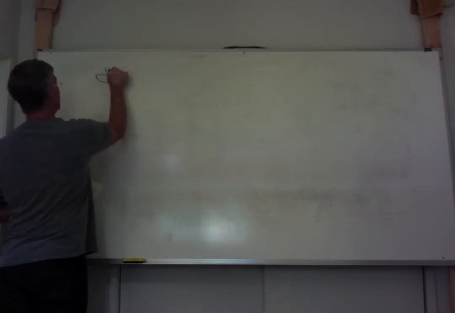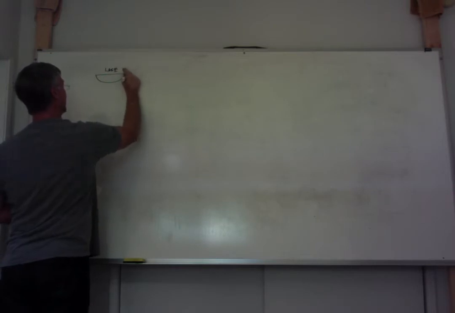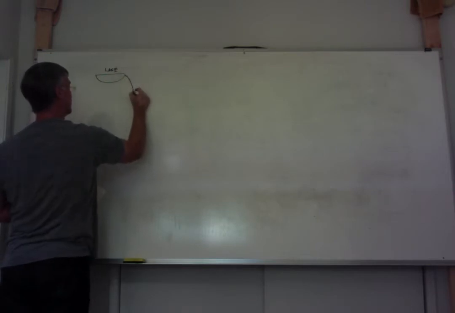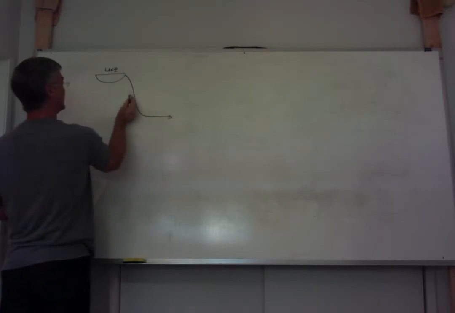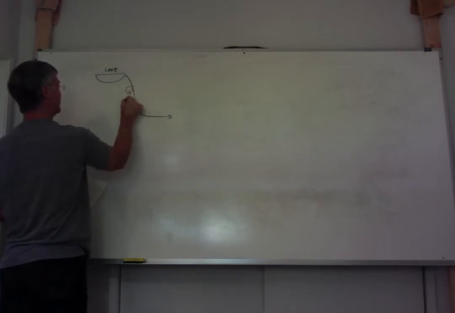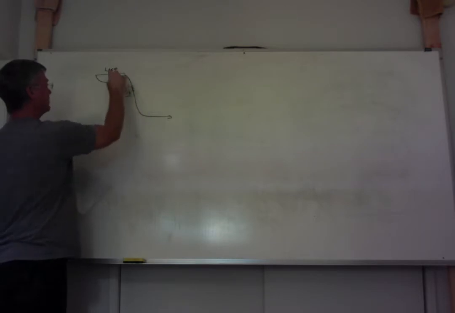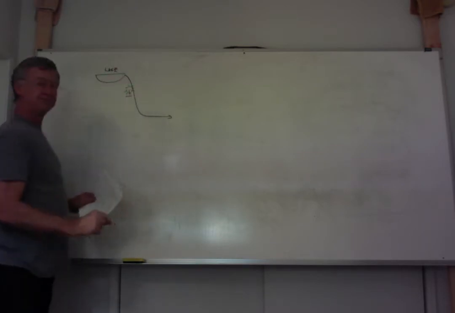And by the way, it could be a big lake, it doesn't matter. And you had a river that's flowing out of that lake, and it's going downhill and then out. And somebody puts a water wheel here. Obviously, kind of a weird drawing, but a water wheel, something that's going to spin around. As long as water is flowing, this water wheel will spin.